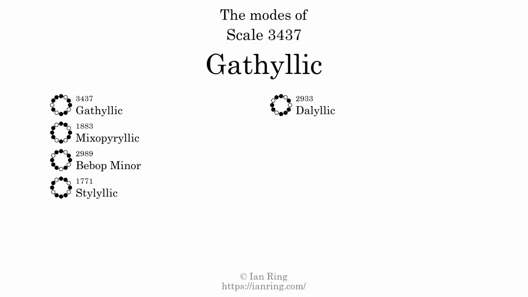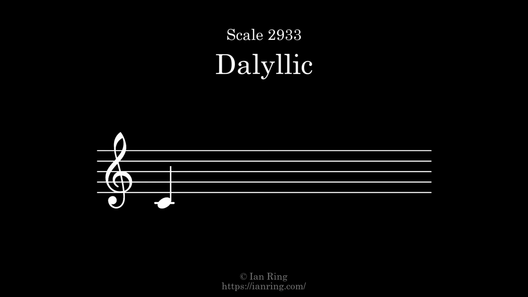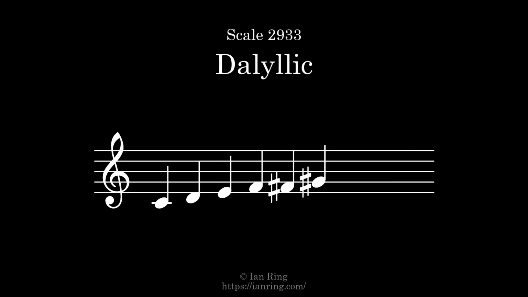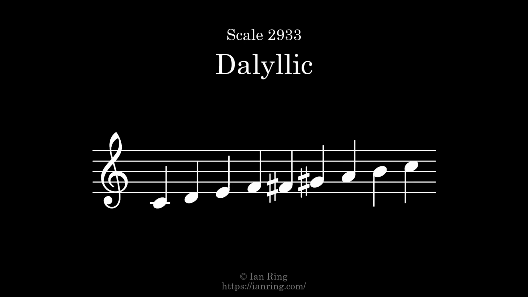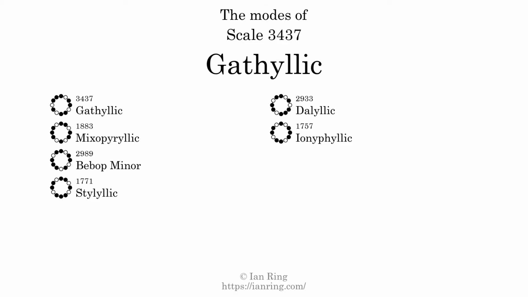The fifth mode is scale 2933, also known as Gathyllic. It sounds like this. The sixth mode is scale 1757, also known as ionophilic. It sounds like this.